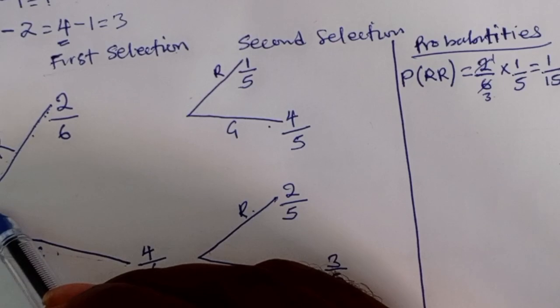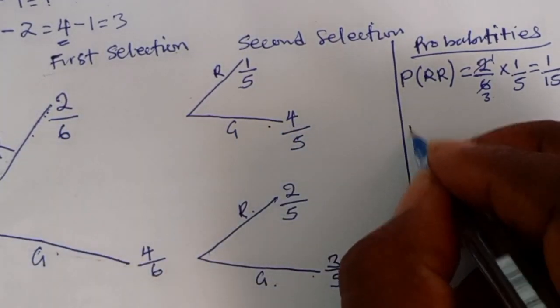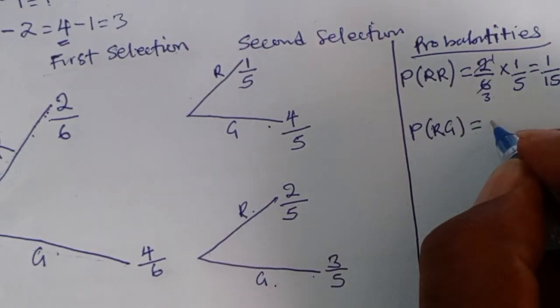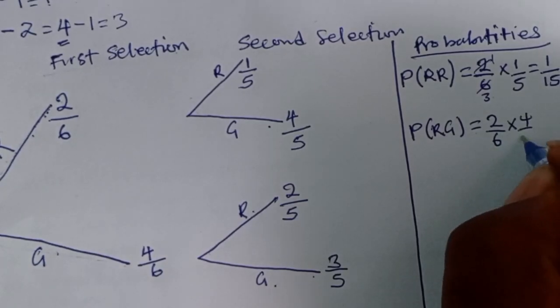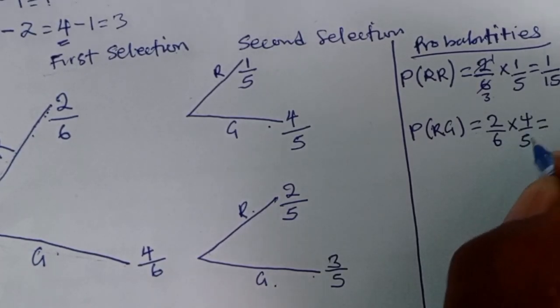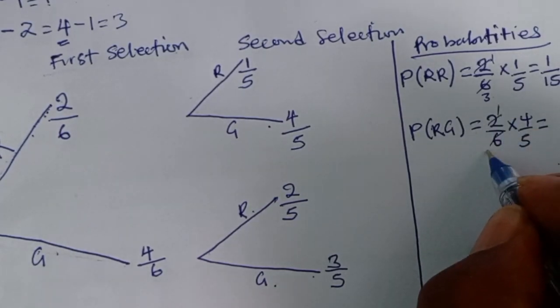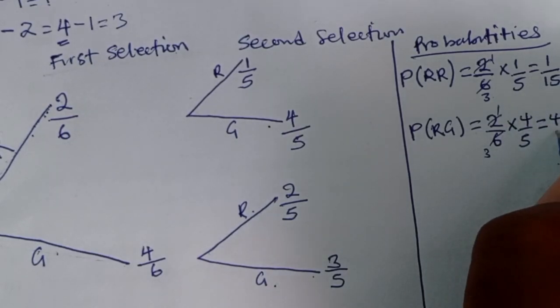Now what is the probability of picking red, green? Red is 2 over 6 times green is 4 over 5. So the answer is 8 over 30, which simplifies to 4 over 15.